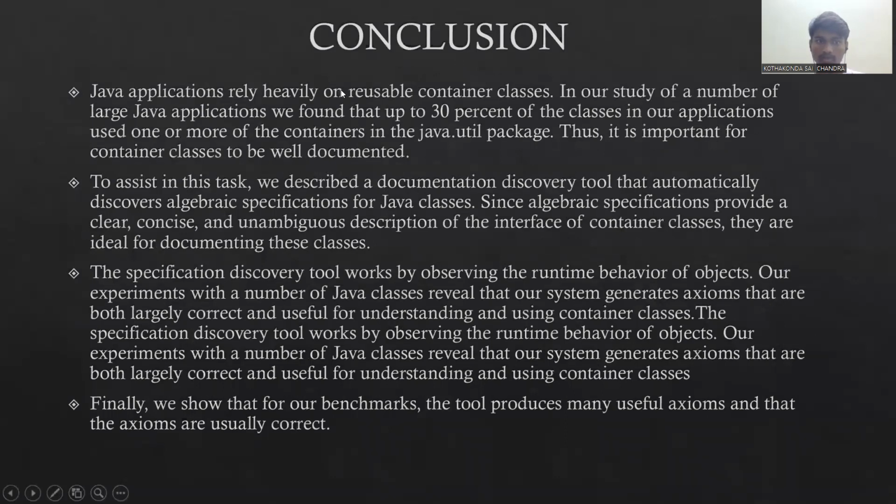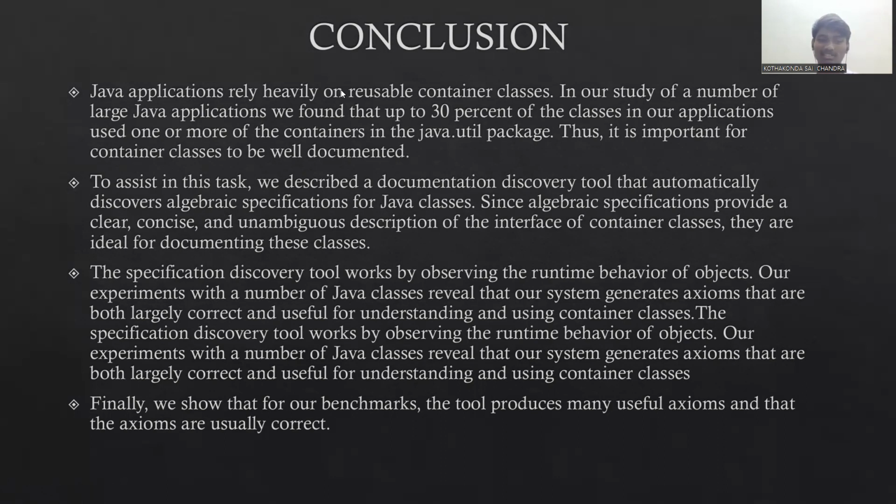Conclusion. Java applications rely heavily on reusable container classes. In our study of a number of large Java applications, we found that up to 30% of the classes in our applications used one or more containers in the java.util package. Thus, it is important for container classes to be documented.